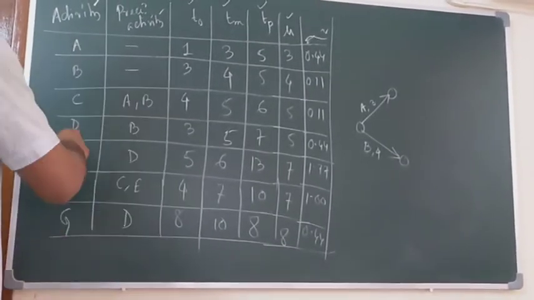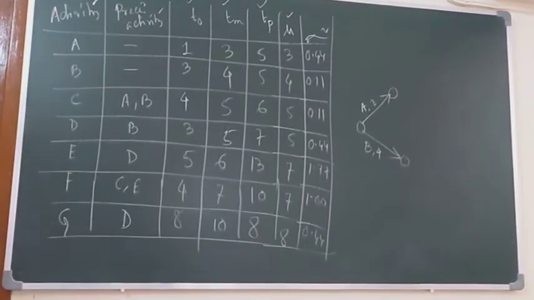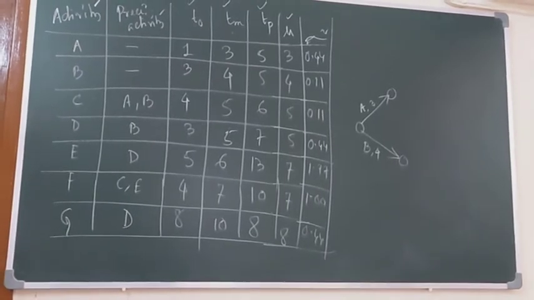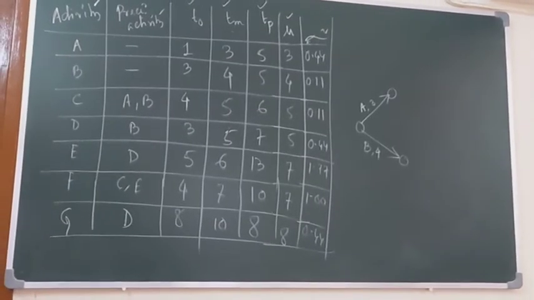Next, C. C comes from the completion of both A and B. So how to construct C?